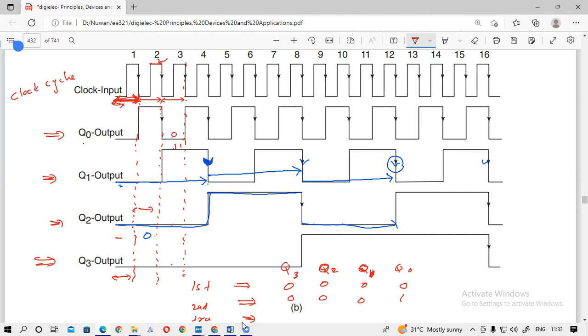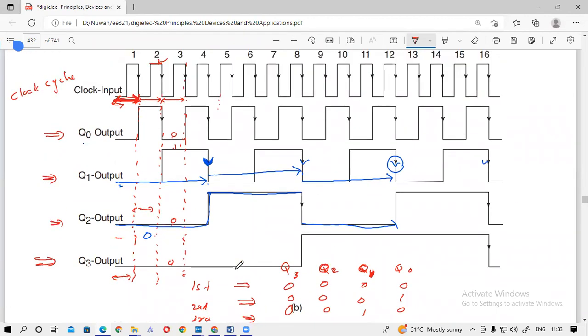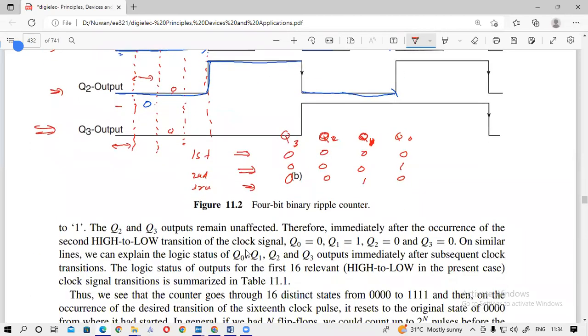At the fourth clock cycle, the value will be 1, 1, 0, 0.